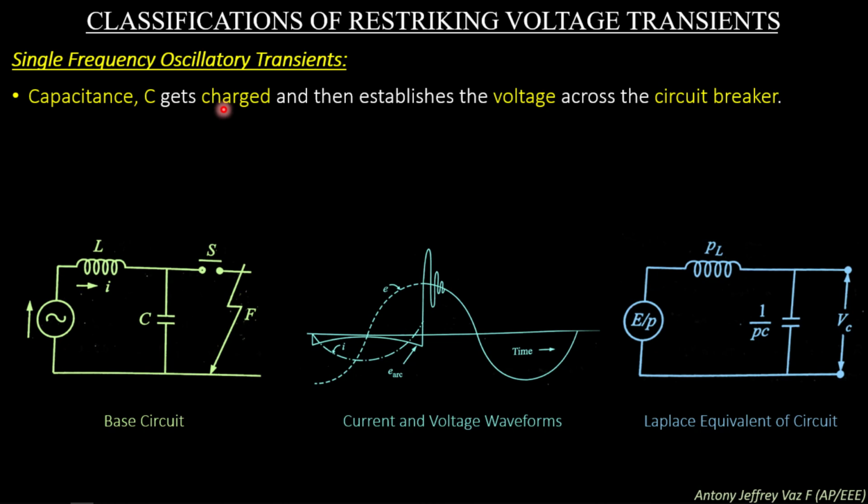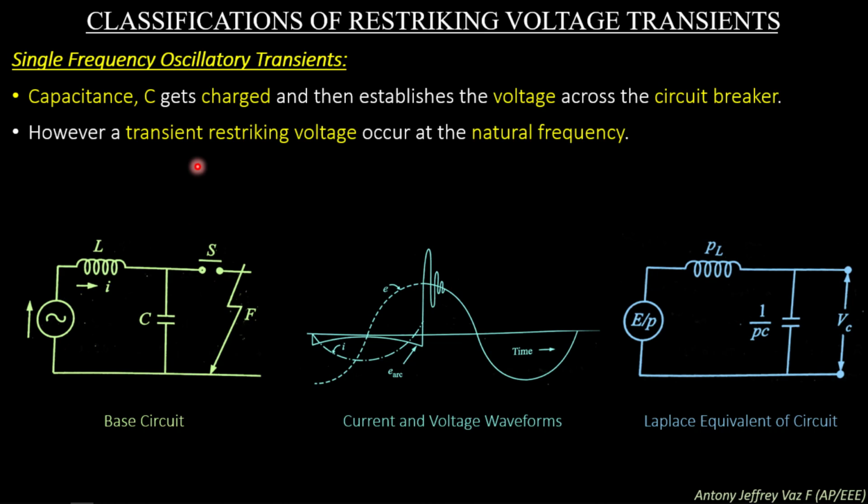Capacitance C gets charged and then establishes the voltage across the circuit breaker. From the circuit diagram, we can see easily that first the capacitor is charged through the inductance from the generator. After that only the bus bar and the circuit breaker contacts get their voltage.